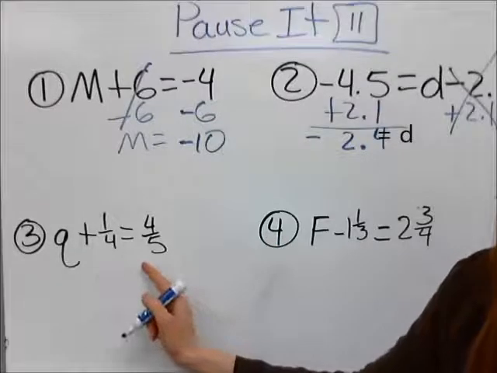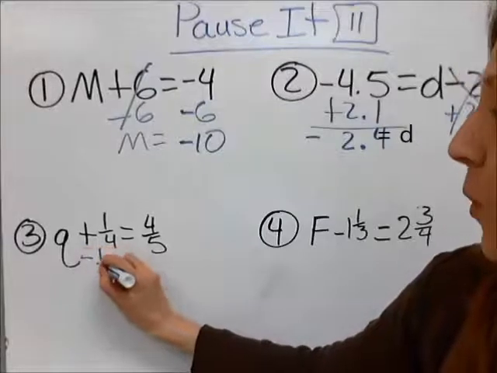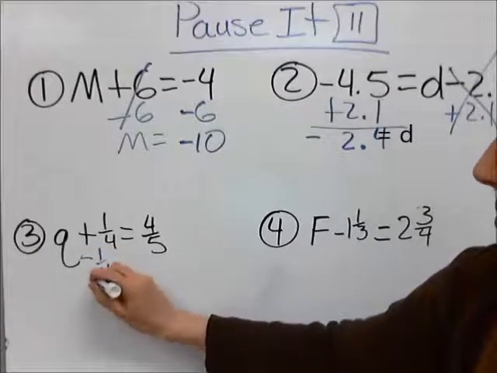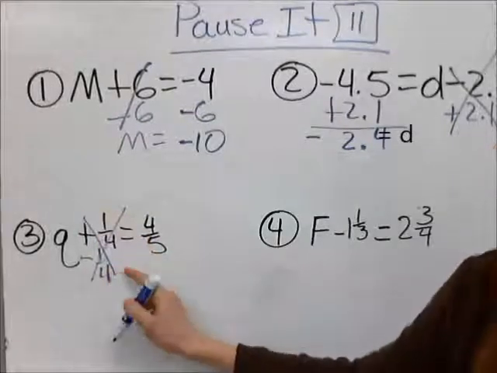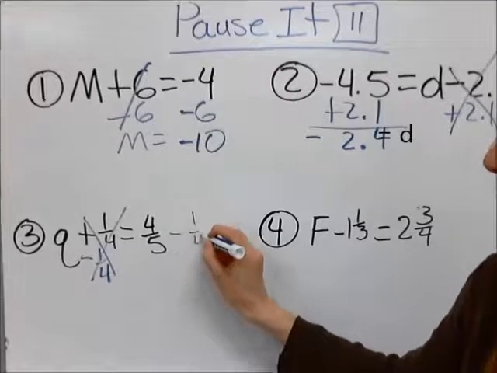Let's go to this one. Q plus 1/4 equals 4/5. So I am going to subtract a fourth using inverse operations. So this is subtraction to turn this into 0. And I'm going to subtract 1/4 here.